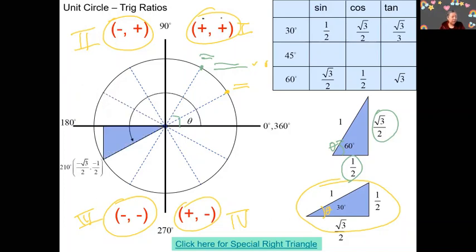And now we measure the coordinates of the 210, 240, and 300, 330, right?